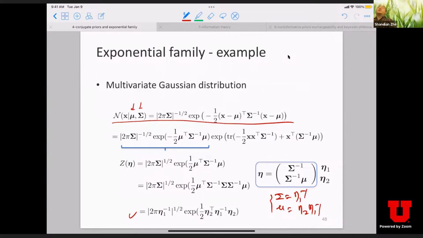You rarely use eta 1, eta 2 to represent your exponential family. When you convert it into exponential form, the form changes a lot. But obviously, there is a relationship or mapping between your mean parameters mu, sigma, and natural parameters eta 1, eta 2.